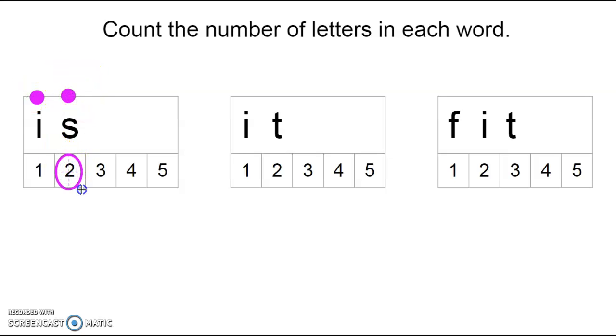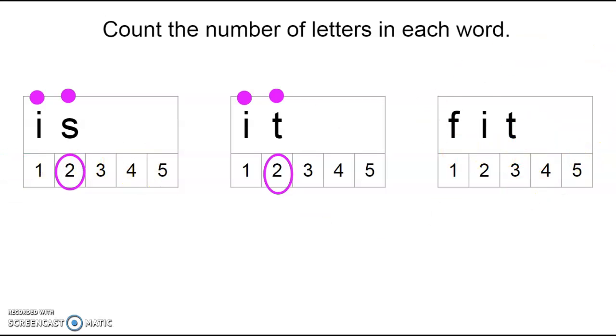Is has 2 letters in it. Fantastic. Our second word is it. We have I and T. Let's count how many letters. 1, 2. It has 2 letters in it as well. Fantastic.